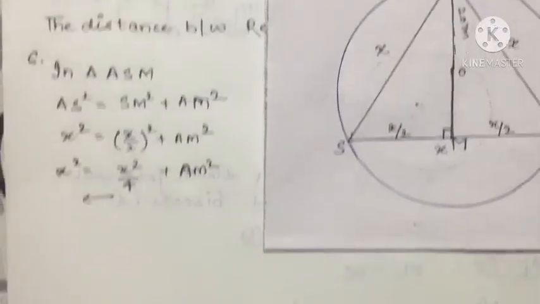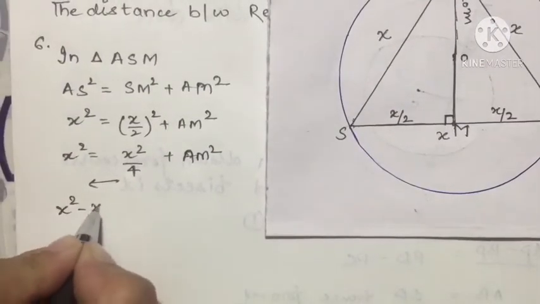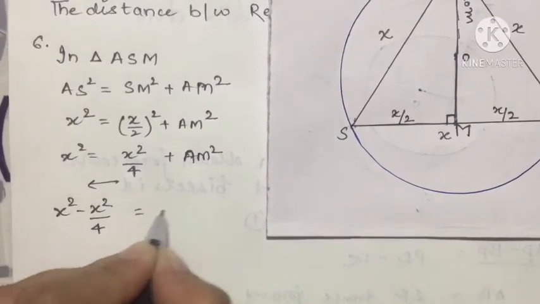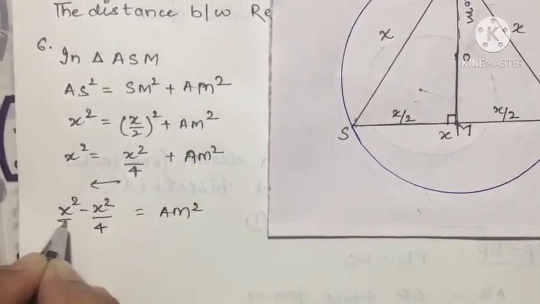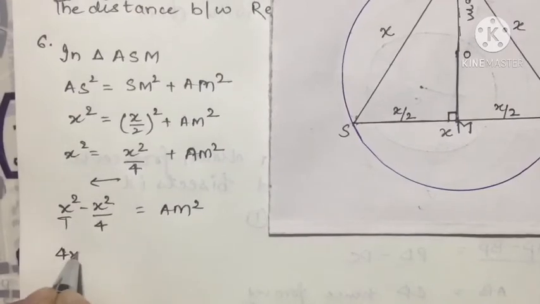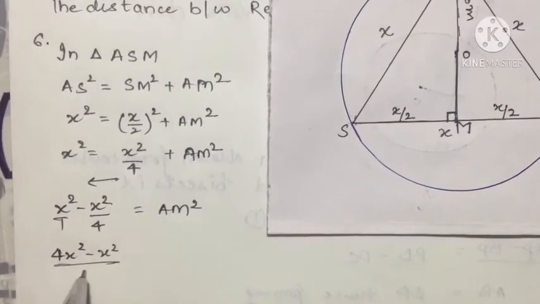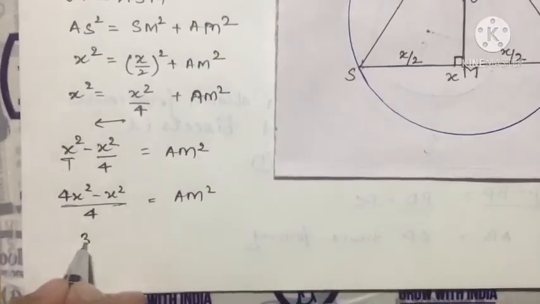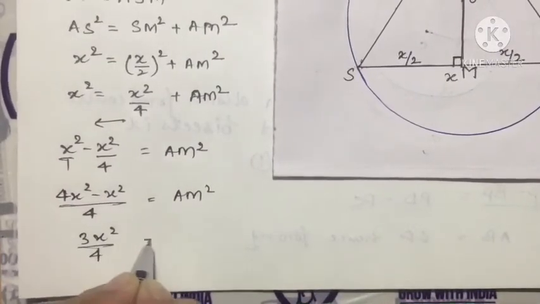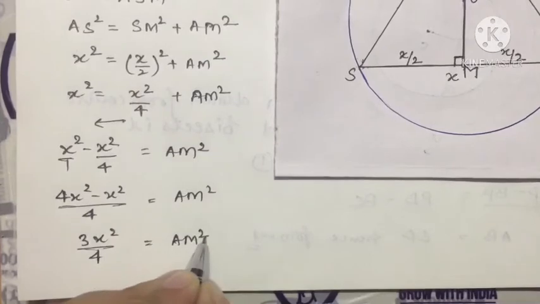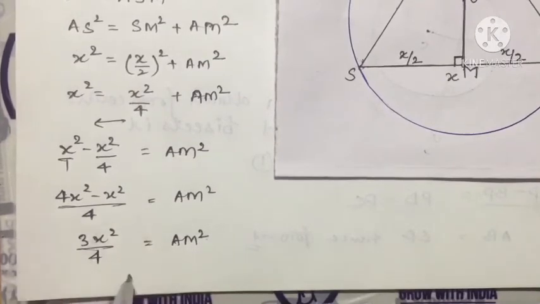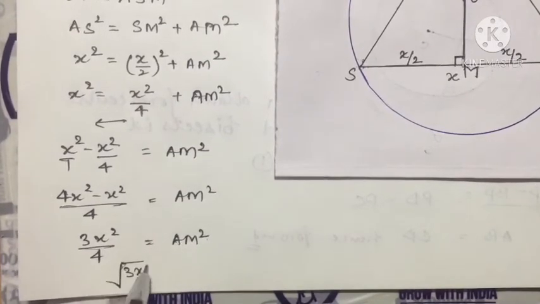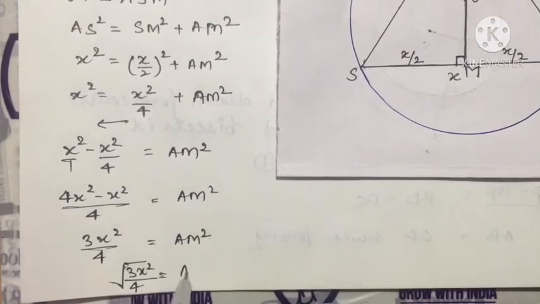Shift this to another side. x square minus x square divided by 4 equals to AM square. Take LCM, it will be 4x square minus x square divided by 4 equals to AM square. Simplify, 3x square divided by 4 equals to AM square. Now if it is square, convert it into root to other side. Root of 3x square divided by 4 is equal to AM.